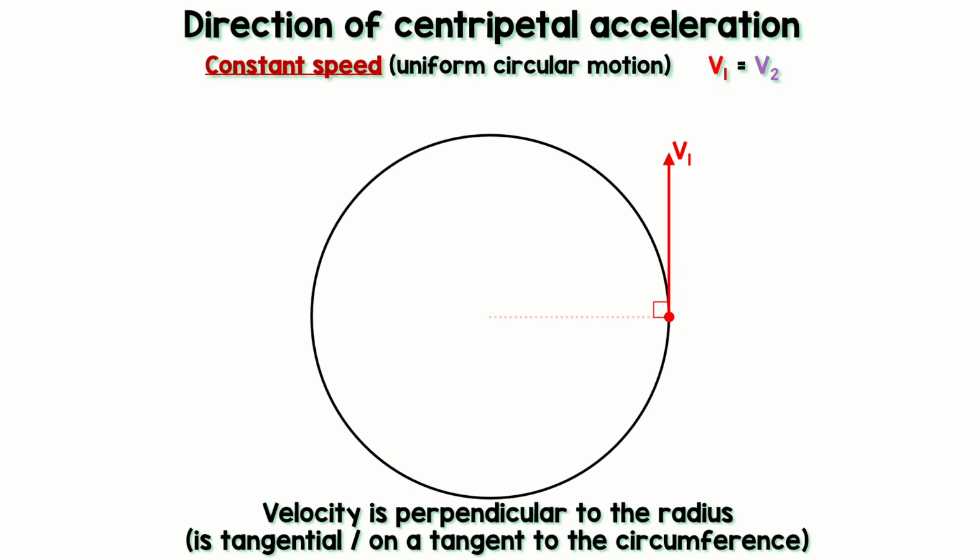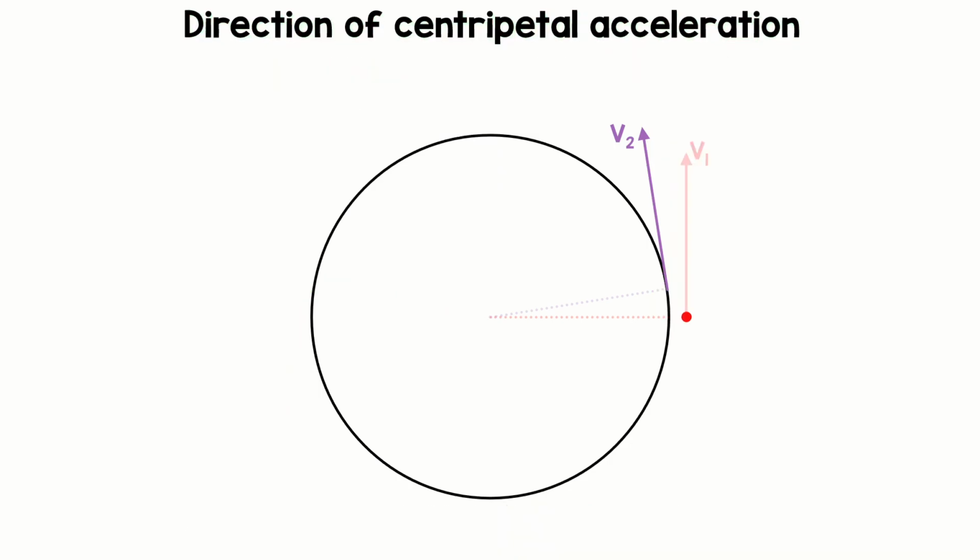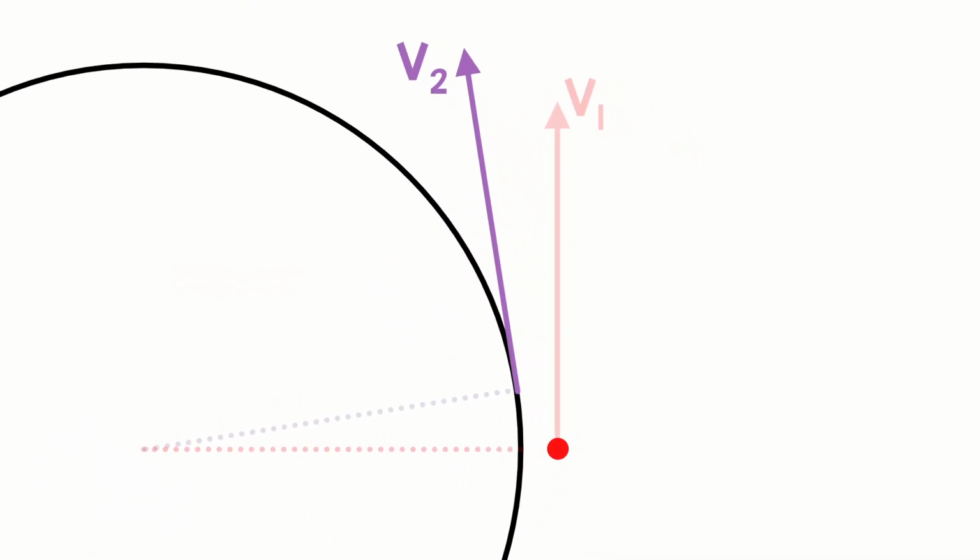With uniform circular motion, the speed of the moving object is always the same. It's only the direction of the velocity that changes. So the velocity is perpendicular to the radius. Let's find the change in velocity, delta v, so we can see the direction of the acceleration of the object. The change in velocity is v2 minus v1.